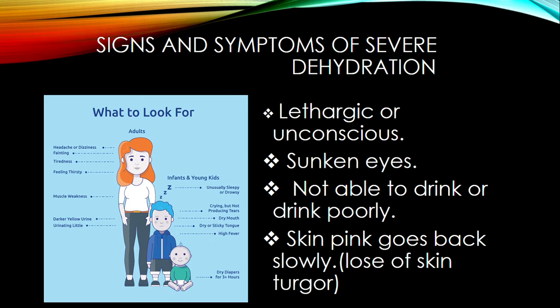So in case you are working in an outpatient department and the child is brought to the department unconscious, the eyes are sunken, you can see that there is loss of skin turgor. It's an emergency, and it requires the medical staff or personnel to work as fast as possible in order to save the life of this child.